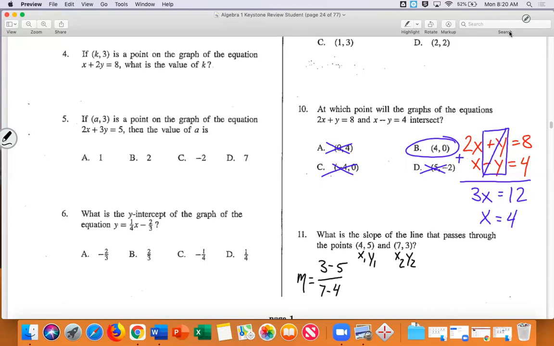It's going to be rise over run. So y's over x's. Okay. And if you forget, Drew, I want you to turn to the very front page of the Keystone book. All right. Do you all see how on the very front it says the slope formula? Right? Do you see that? So you can always reference that if you forget. It's there. Right? Or at least it should be there. So here it's going to be -2 over 3.